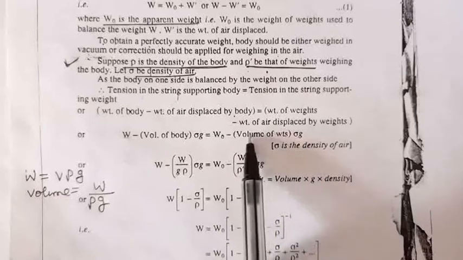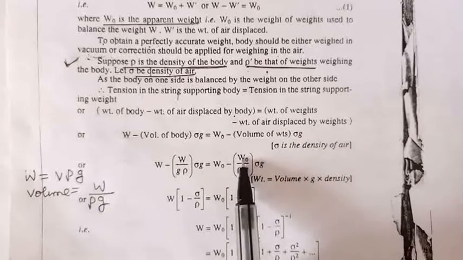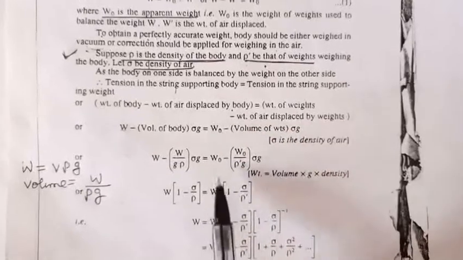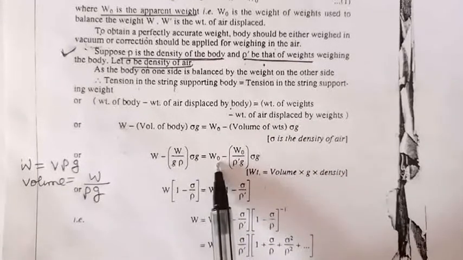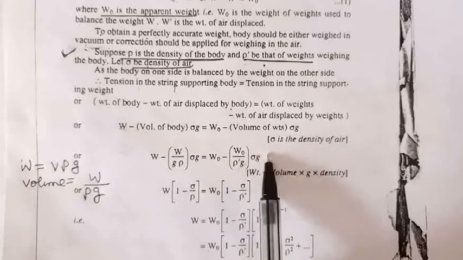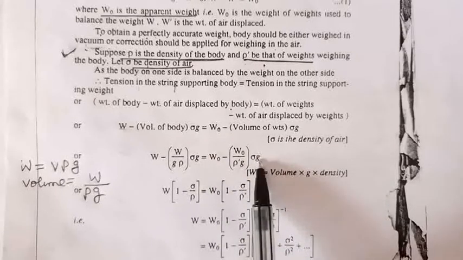So the volume of the weights will become W naught upon rho dash g. So the right hand side becomes W naught minus W naught upon rho dash g into sigma g. Now sigma g is cancelled from both sides.